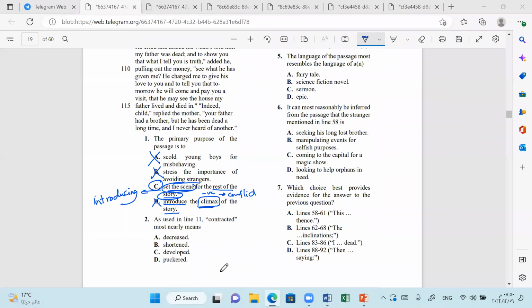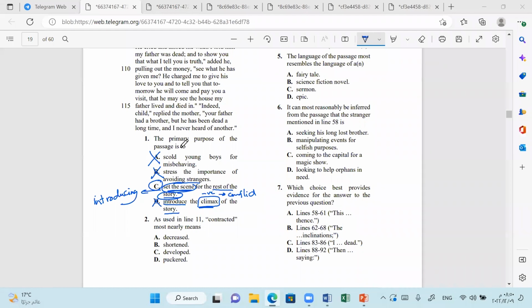What I can say about this method is that it can save much time. If you really want to answer the main idea or main purpose question immediately, these questions usually come at the beginning, so you can answer them in their original order.